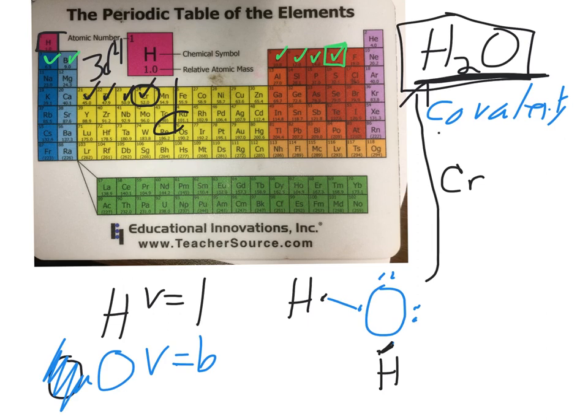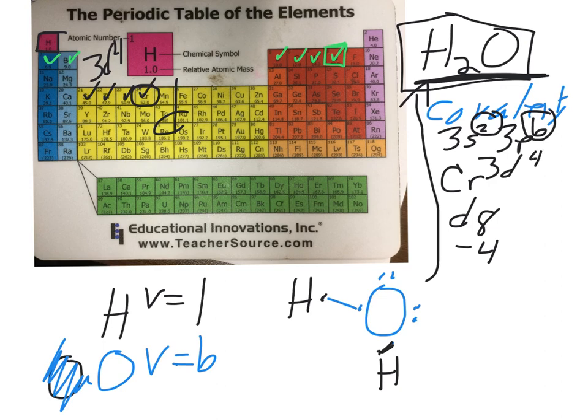That means you had to get through 3S2 and 3P6 to get to that D section. So your S plus your P will always be 8. So 8 minus 4, because you landed at 3D4, is going to give you 4 valence electrons.